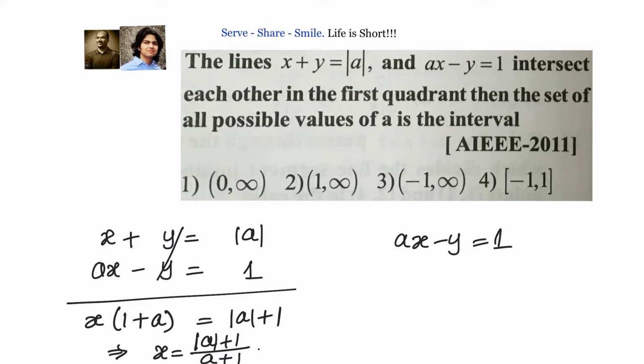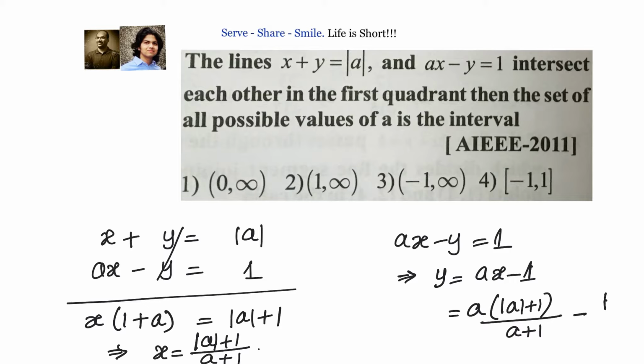Now let us take this value and substitute in our second equation, which says ax minus y equals 1, or y equals ax minus 1. So a into the x value we got: a times (mod a plus 1) divided by (a plus 1), minus 1, that is equals to (a mod a plus a minus 1) divided by (a plus 1).